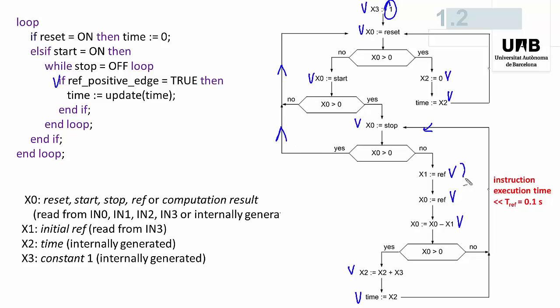The detection of the positive edge on the reference signal works correctly if the instruction execution time is much smaller than the reference signal period, that is to say, smaller than 1/10 of a second.